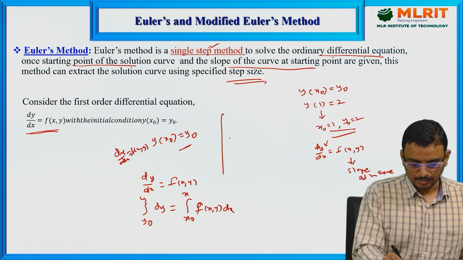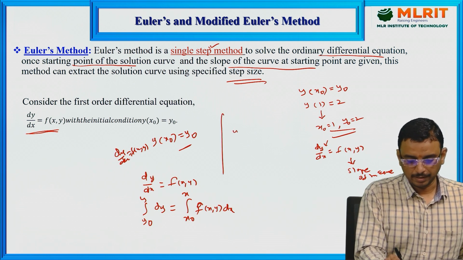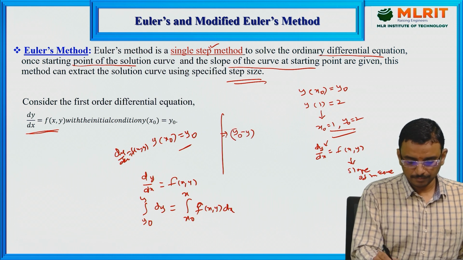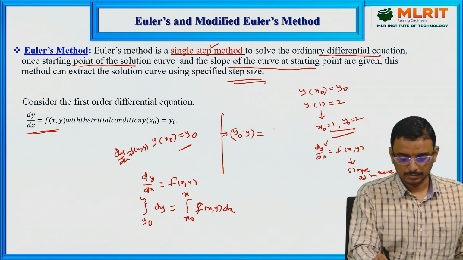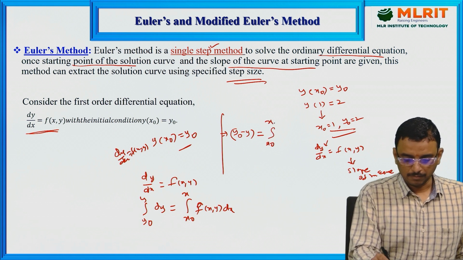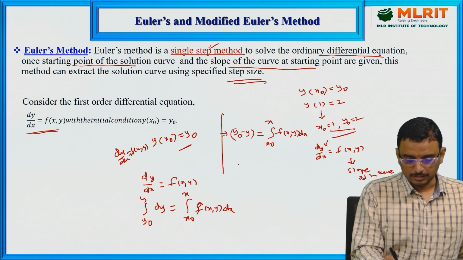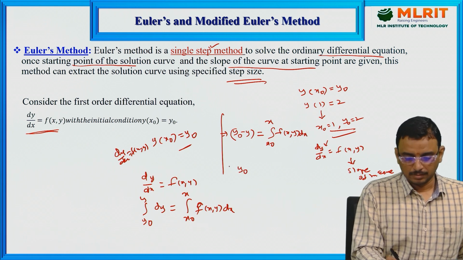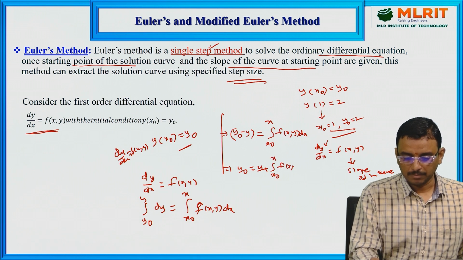So this is under the limits y naught to y, and on the right side, the integral from x naught to x of f of x comma y dx.